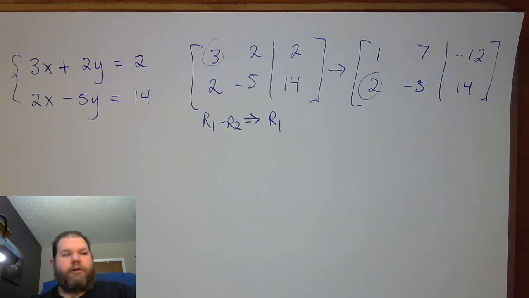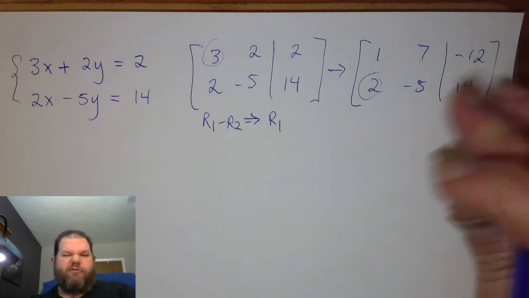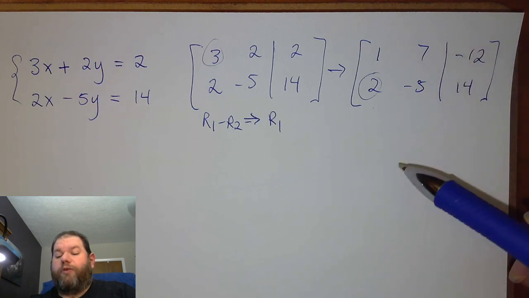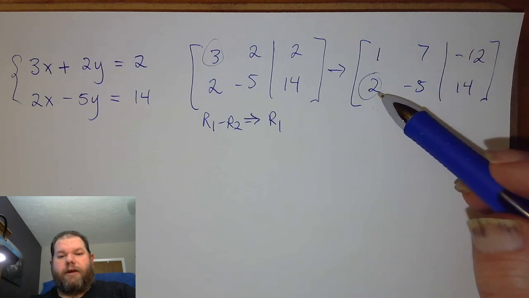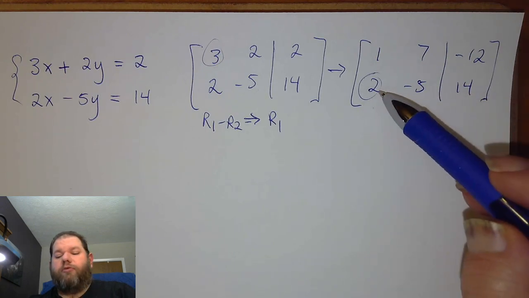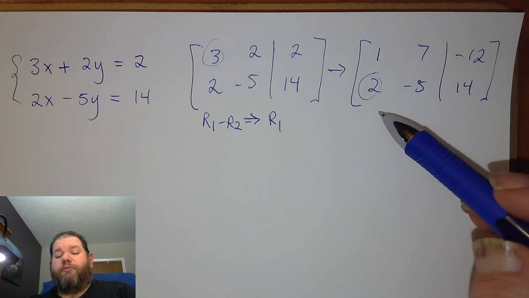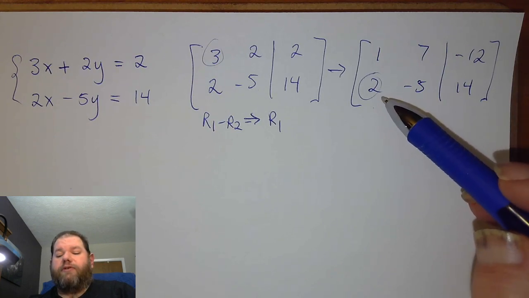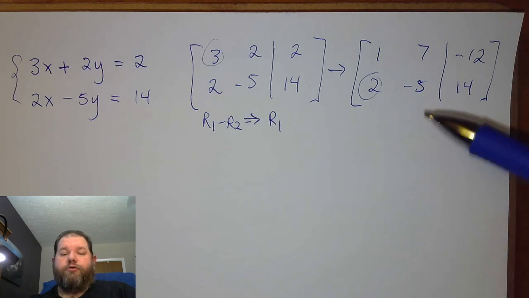And again, our 3 operations, we could switch 2 rows, which we wouldn't want to switch these rows right now. We could multiply or divide a row by a number, which that doesn't help us here either. When we're trying to get a 0, we really just have to use that third technique, which is to add or subtract one row to another.